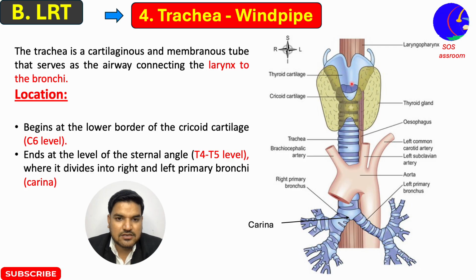You can see the trachea divides into two portions, a bifurcation into right and left. This part is called the carina. So this is the structure of the trachea.